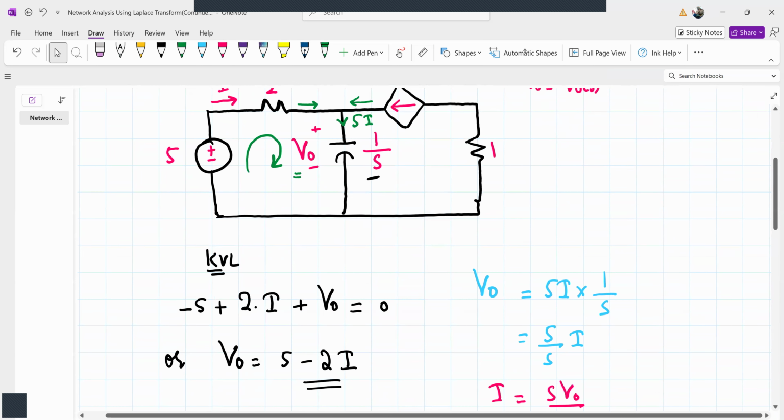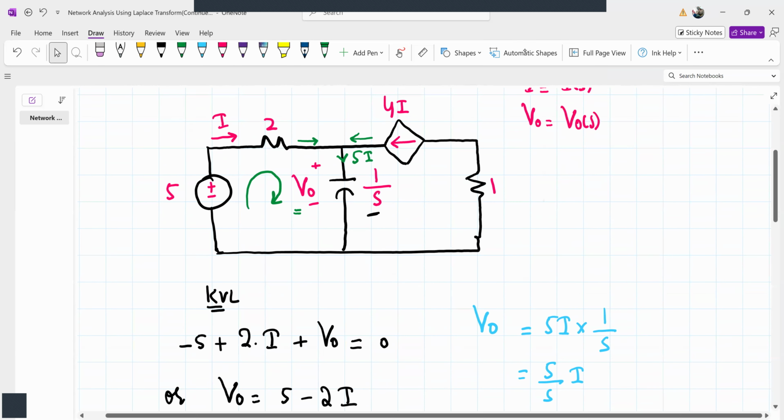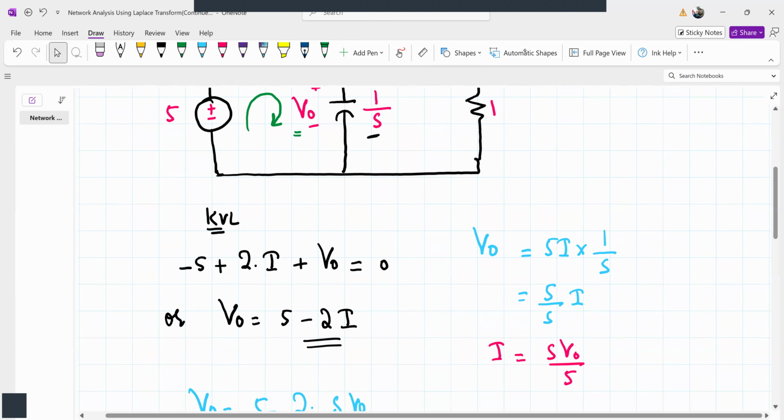In other words, once you convert the circuit into the Laplace transform domain, the impedances of the capacitor, inductor, and resistor will behave like resistances. This means we can use all the techniques that we have learned for resistor networks and apply them to this network.